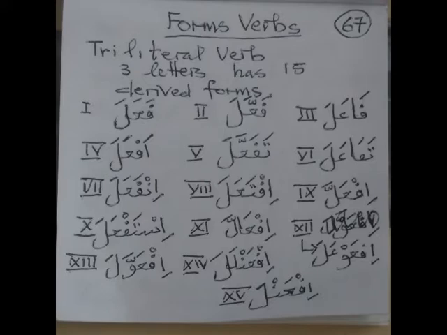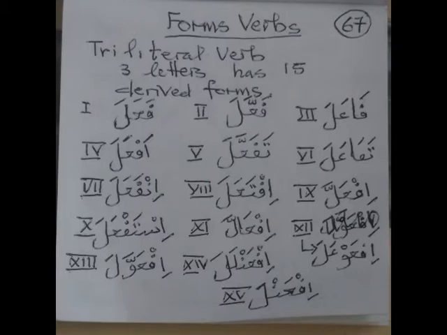It's the same form of verb number one. For number two, you could have had fa''ala, or kassara or kattaba. That would be the second form of the verb. For number three, you have fa'ala, and you could have kataba, or kasara.